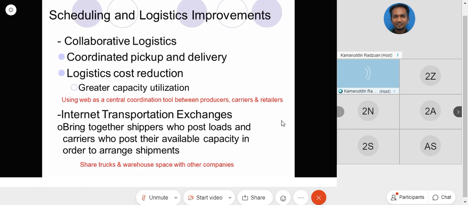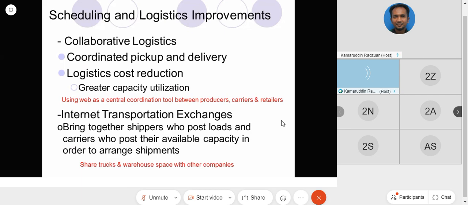So one of the applications used for scheduling and logistic improvement is the internet transportation exchange, which brings together the shippers who post loads and the carriers who post their available capacity in order to arrange shipment.